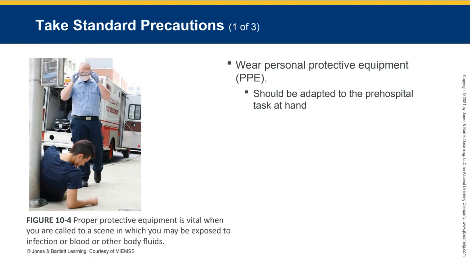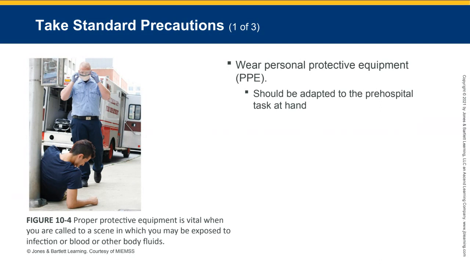Now, after we have ensured that the scene is safe and we consider the mechanism of injury and the nature of illness, we will also consider standard precautions or PPE, which is very important now more than ever. Personal protective equipment should be adapted to the pre-hospital task at hand.